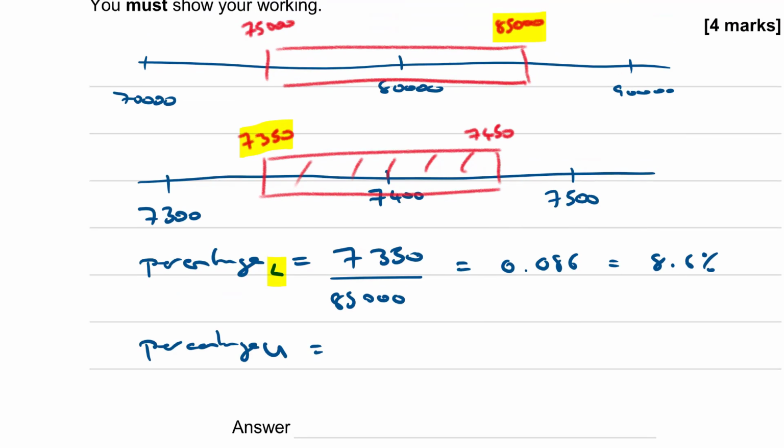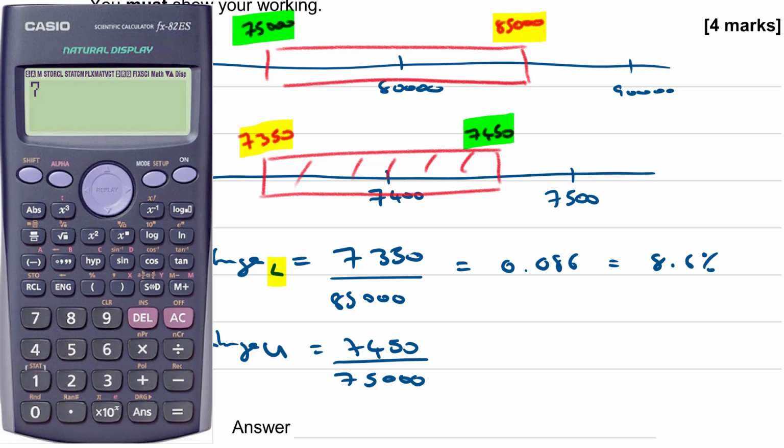is going to be the largest possible amount of fluid that she poured in divided by the smallest possible capacity. So that is 7,450 divided by 75,000, which is 745 divided by 7,500.